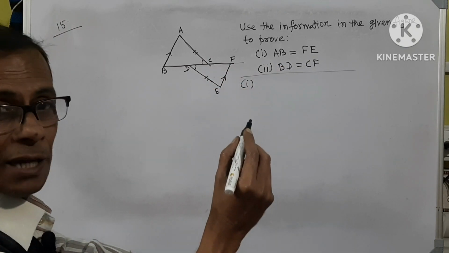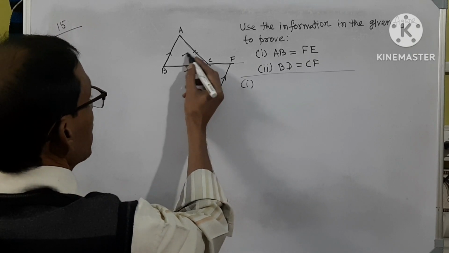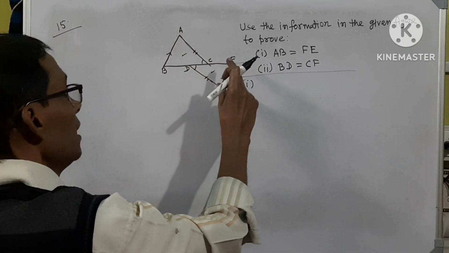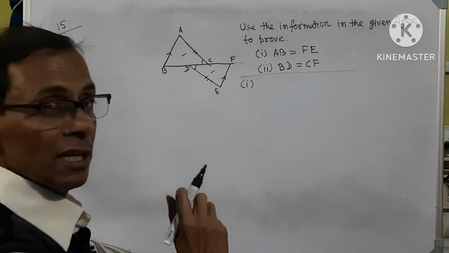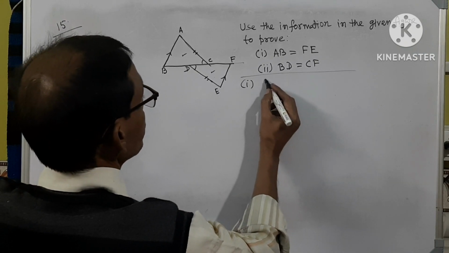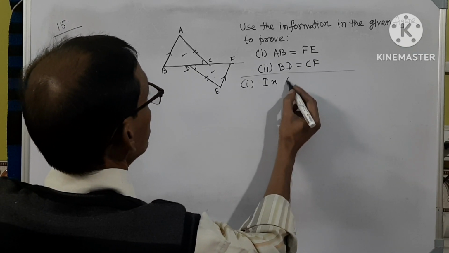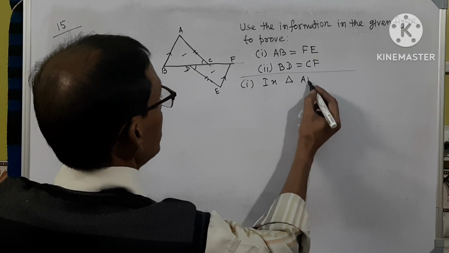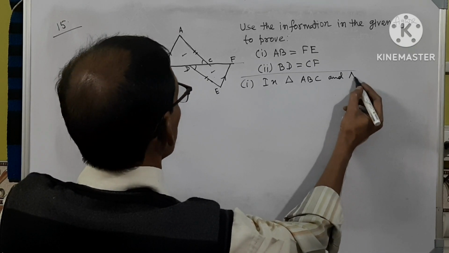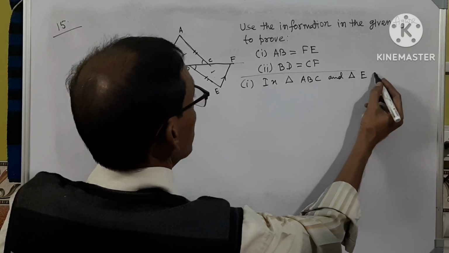By this time you understood we have to take this triangle and this triangle, because AB is part of ABC and FE is part of this triangle. So you have to identify these two triangles. In triangle ABC and triangle EDF.